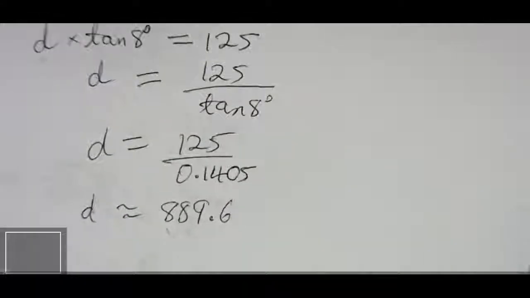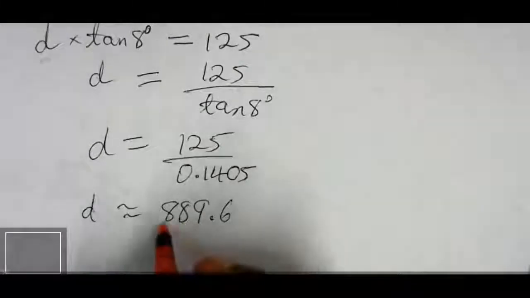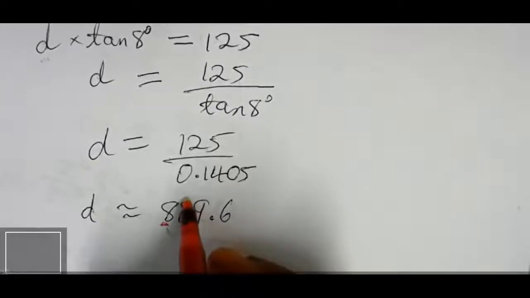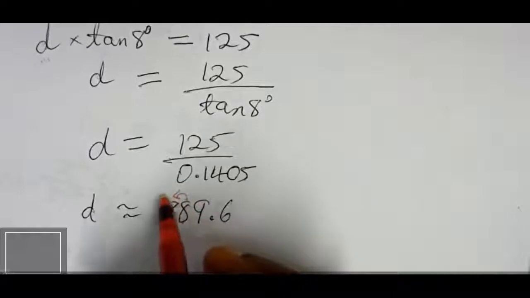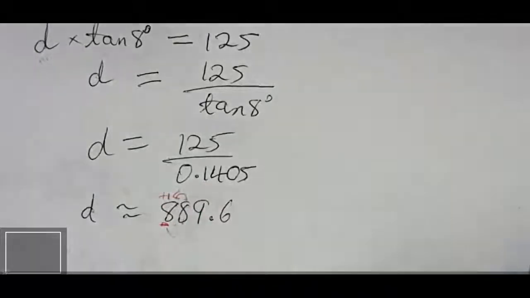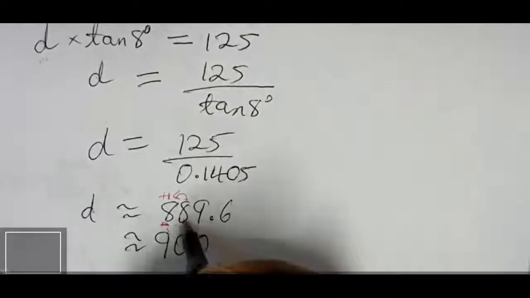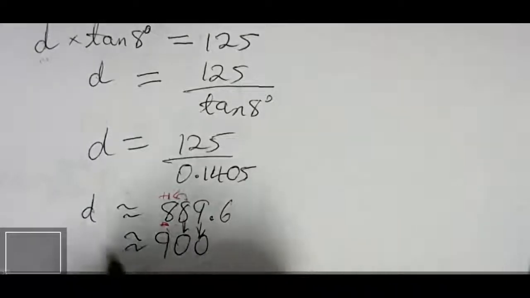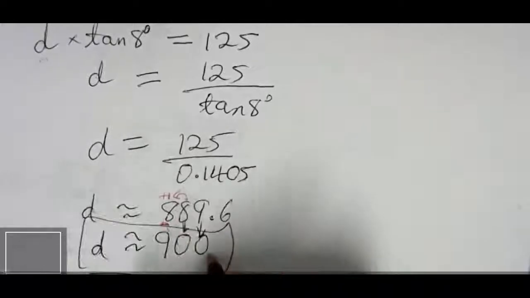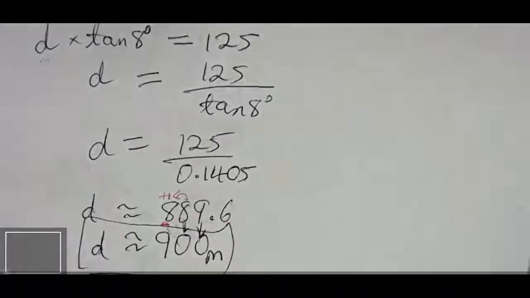Again, they ask us to round to the nearest 100. Which number is in the hundreds place? Ones, tens, hundreds, so it's 8. We look to the right; the next number is 5 or more, so we round up and add 1. That gives us approximately 900, and the rest becomes 00. So D is approximately 900 meters.